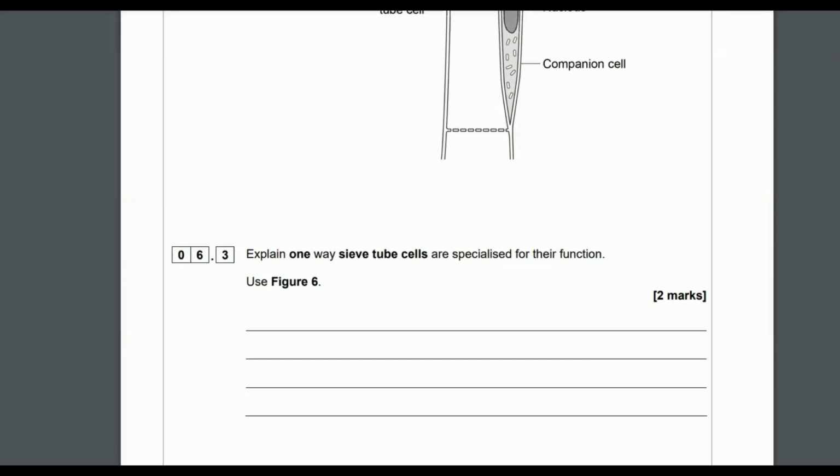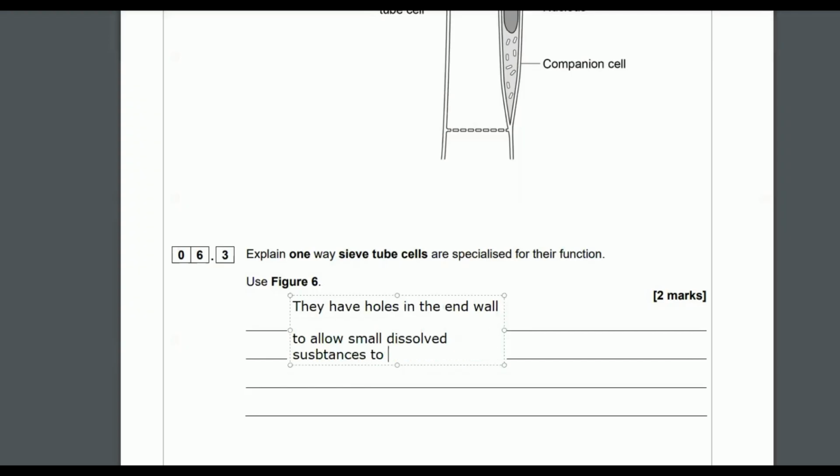So we've just discussed how the sieve tube cells could be specialized for their function. We only have to name one way. So I talked about the cheese grater effect. They have holes in the end wall to allow small dissolved substances to pass.